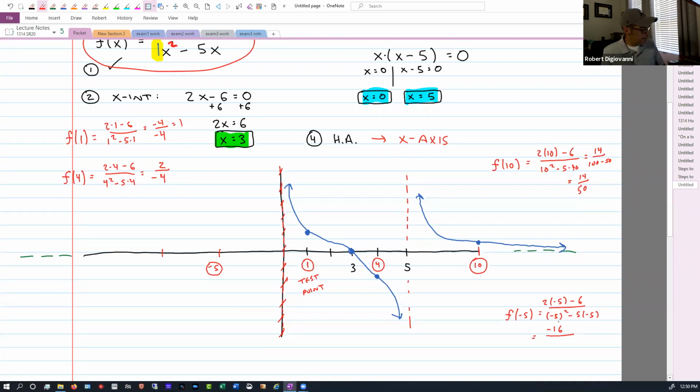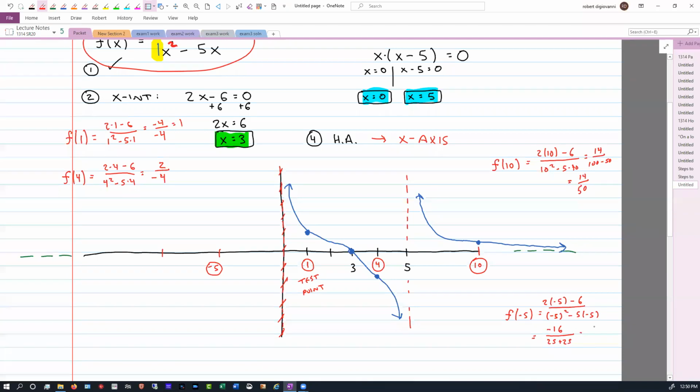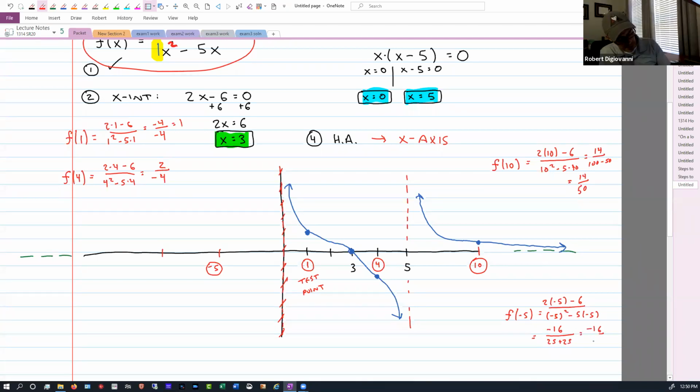Wait, I messed something up there. The bottom is 25 plus 25. So -16 over 50. That's the negative number.